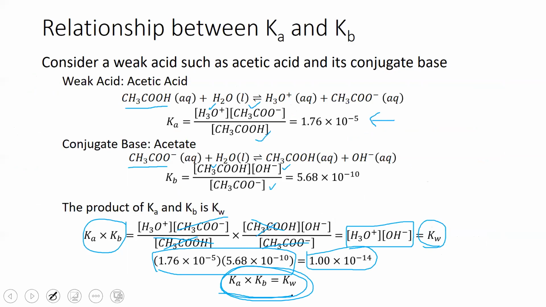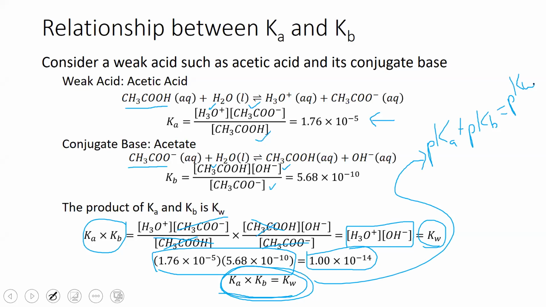The other relationship that we can get out of this, and I'll draw this right up here, is that the pKa plus the pKb is going to equal pKw. Those are relationships we're going to utilize semi-frequently, especially as we get into the next chapter and start dealing with buffers.